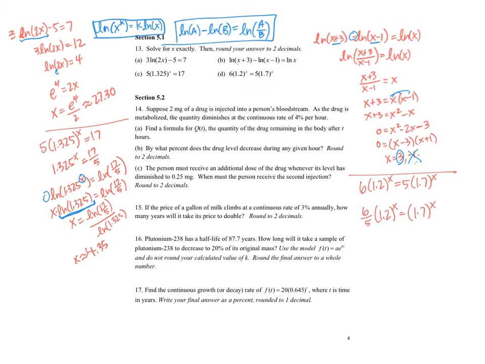And what I'm going to use here is one of my properties of logarithms. And so I'll write it up here with all my other properties. And that is this, that if I have natural log of a times b, it is going to be equal to natural log of a plus natural log of b. Okay, and that's another one of my properties of logs. And that's what I'm going to use here, because I'm going to take the natural log of both sides.